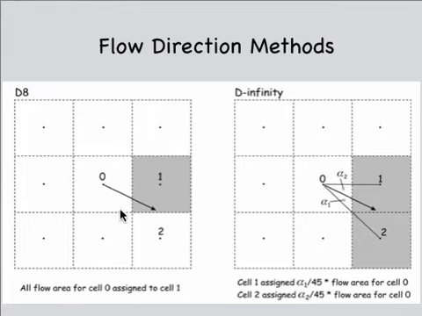If it's between this part, so I look here at the plus or minus 22.5 degrees off the line going between these, all of it goes to this cell. If it's in this middle region here, all of it goes to this cell. So there's only 8 flow directions. They're discrete, and all the flow goes to one of those cells. Now this can lead to some interesting configurations of watersheds across the landscape.